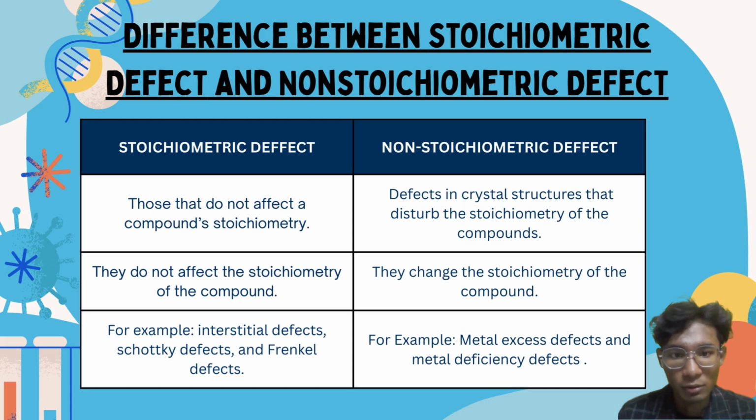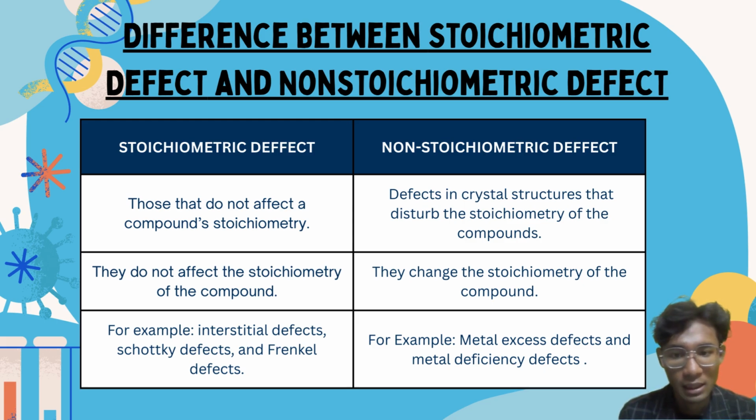So the compound still follows its original stoichiometry. Examples of stoichiometric defects include Schottky defect, where equal numbers of positive and negative ions are missing, and Frenkel defect, where an ion moves from its normal lattice position to an interstitial site. In all these cases, the overall chemical formula of the compound remains unchanged.